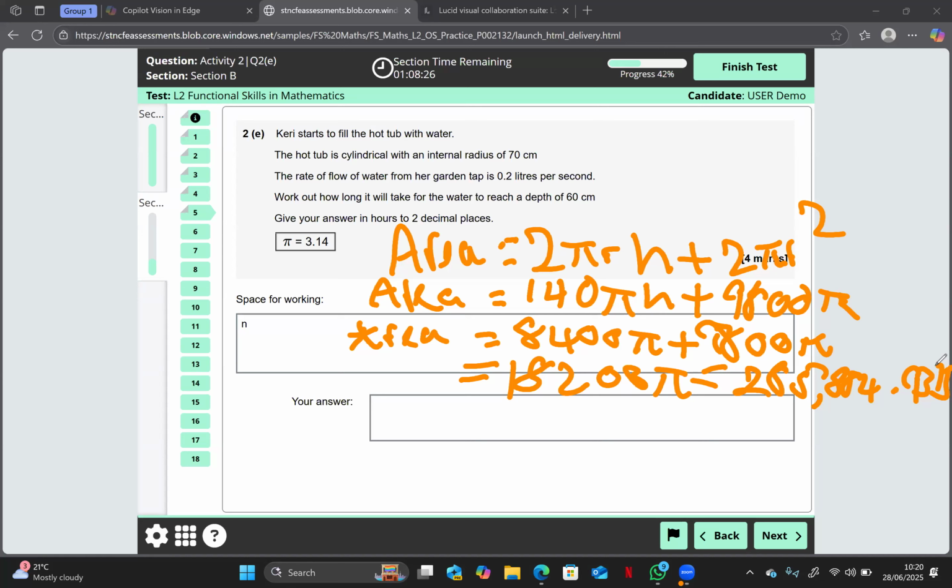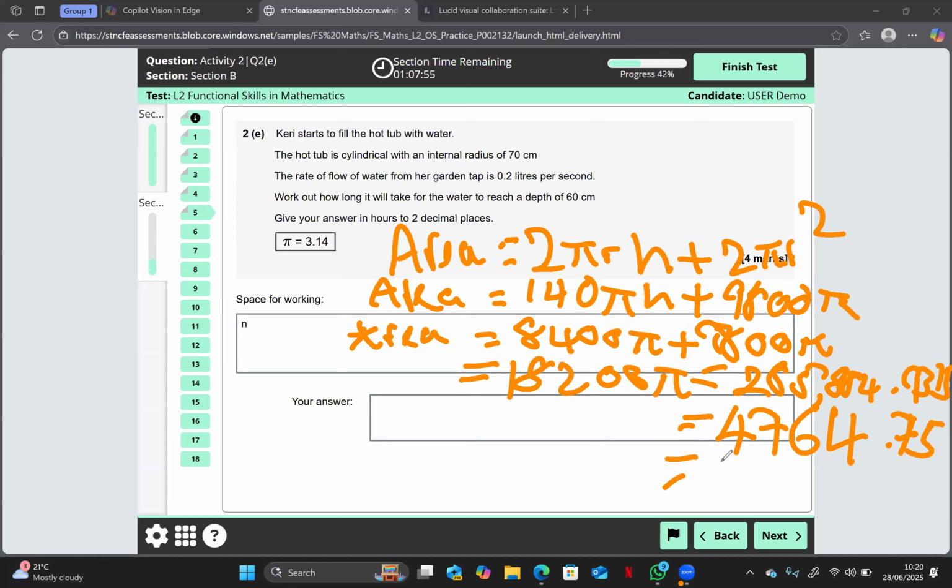So if we divide that by 60 to get the minutes, how many minutes it would take is 4,164.75 to two decimal places.